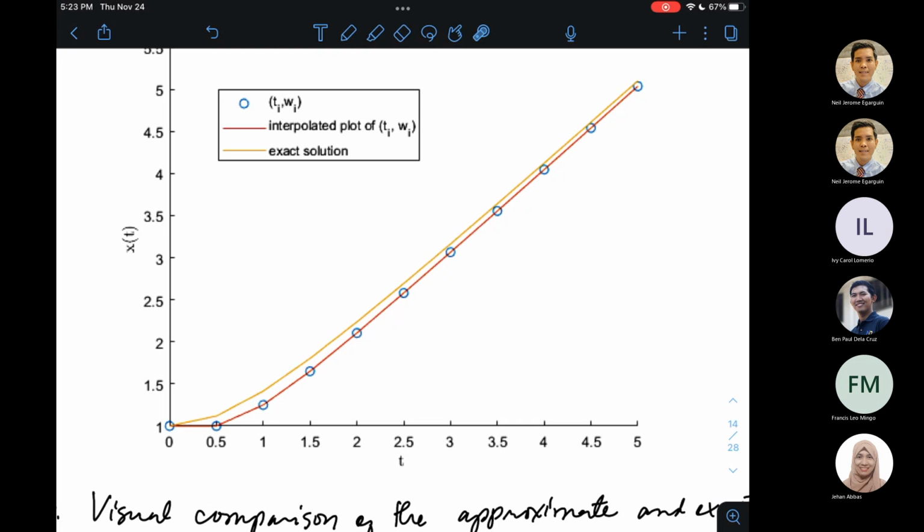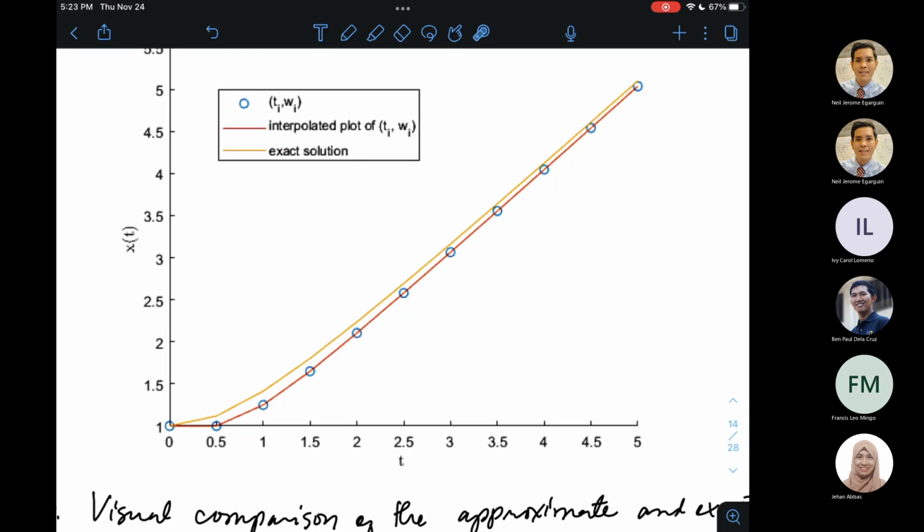You can use, I think, na-encounter nyo ba yung interpolation? You can interpolate, I think that's what I did here, or what MATLAB automatically did. Kinuha niya yung polynomial function na magpa-pass through dun sa lahat ng mga data points na nandyan. At yun yung nakikita nyo as the red curve. That's what I call the interpolated plot, which is not what my computer gave me.